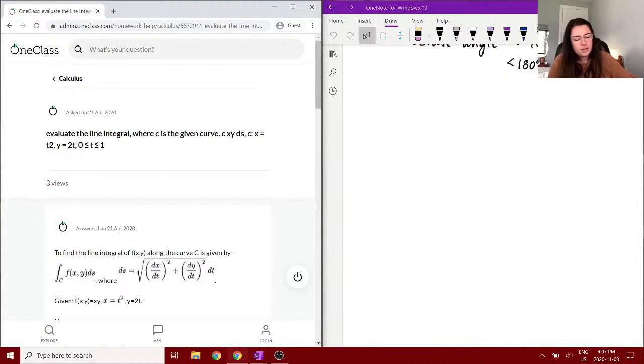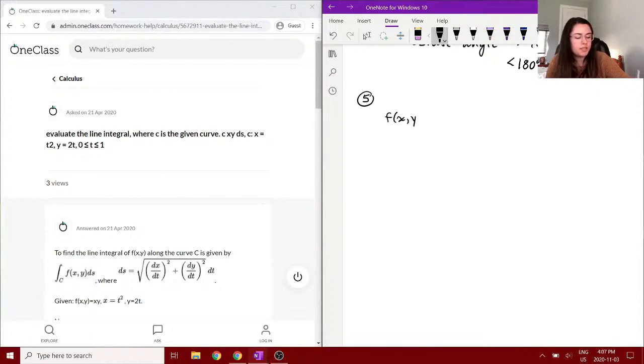All right. Question number 5 asks to evaluate the line integral where C is the given curve, and then it gives us some parameters. So I'm just going to write it out here so it's a little bit more clear.